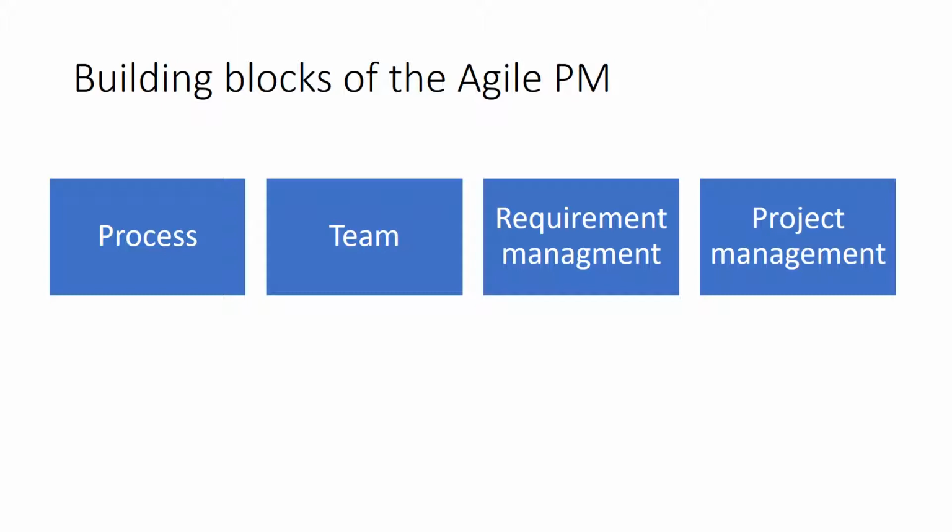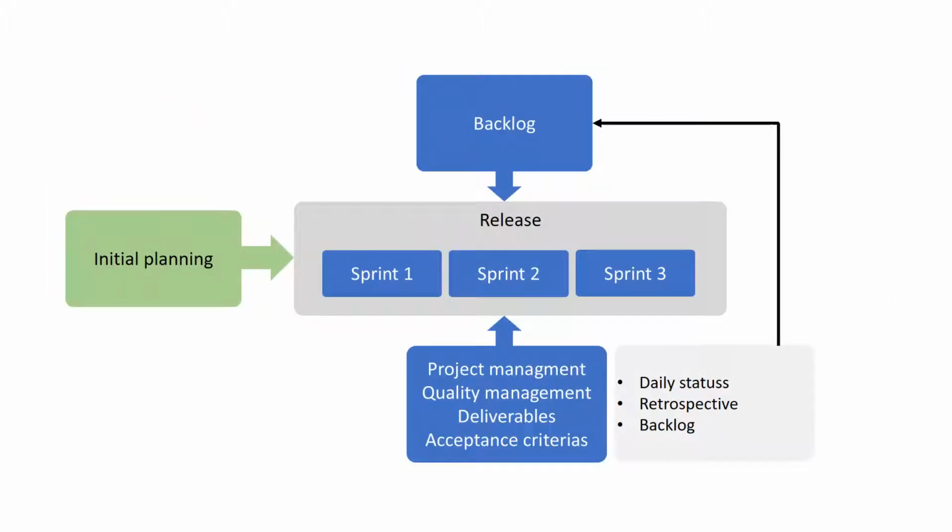Then requirement management, a very important part of Agile: how we fix, share and then use requirements, which are a description of the functionality we want to build. And of course, project management practices, tips and tricks for how we deliver results.